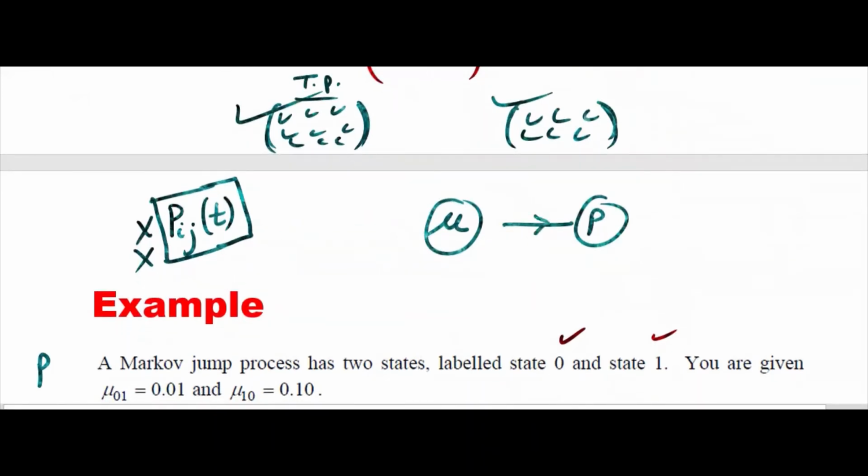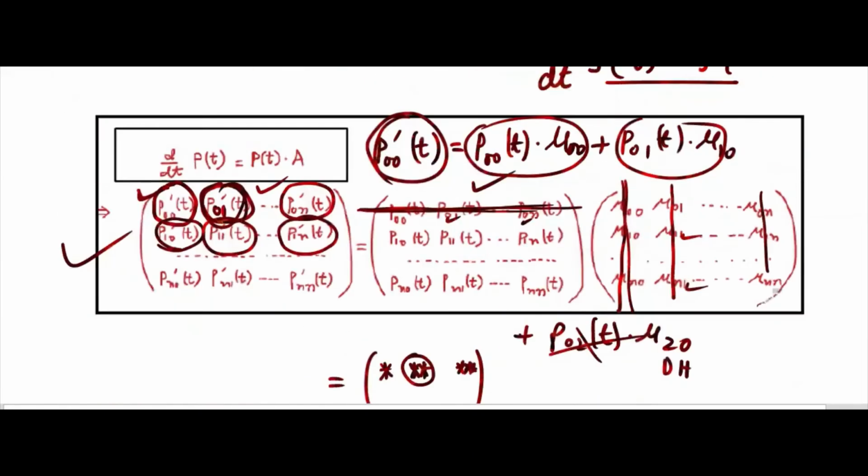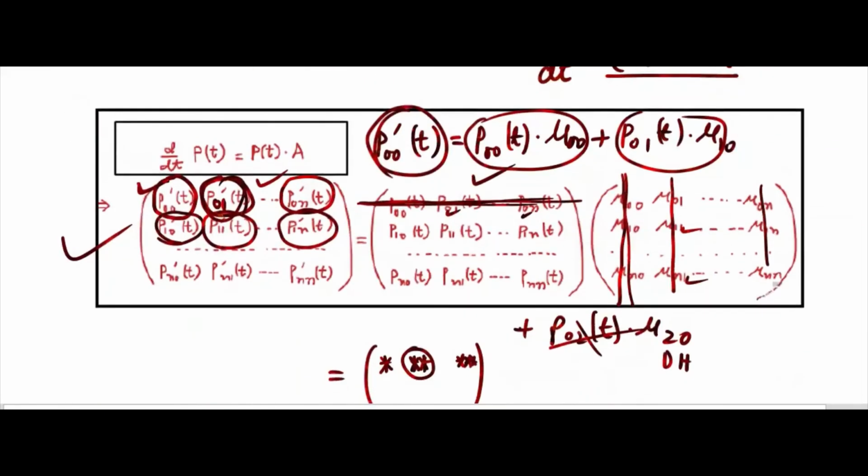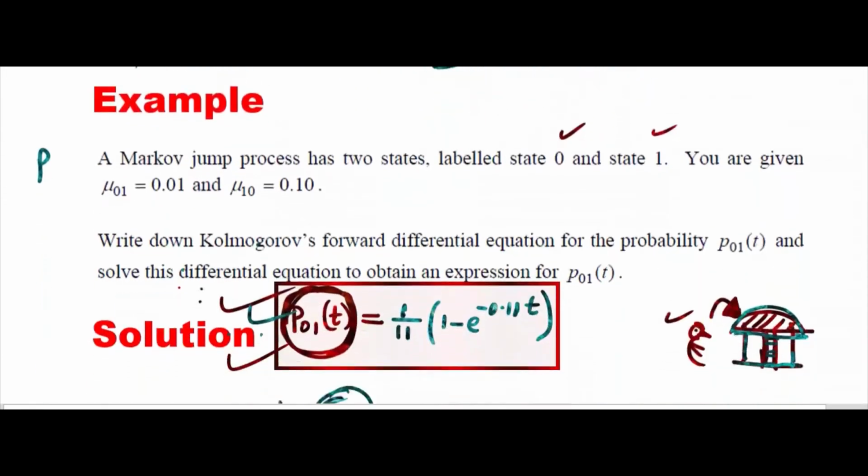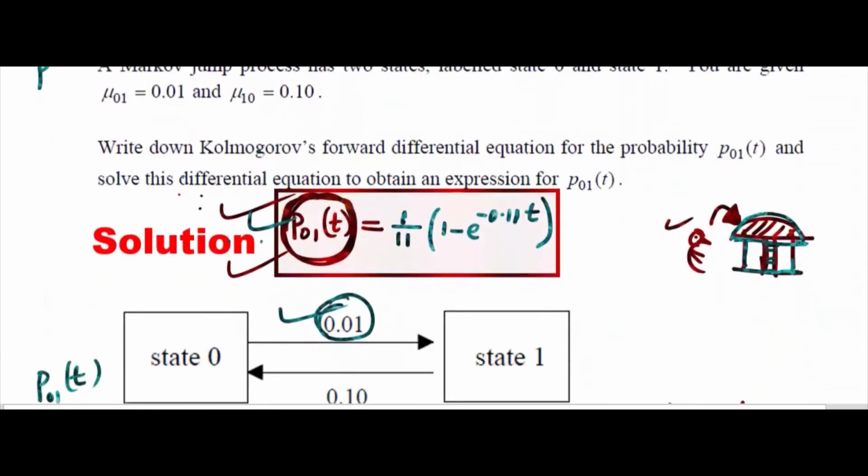If you want to get p from mu, we use Kolmogorov's differential equations, forward and backward, or integral equations, forward and backward. Four kinds of equations are there to get p's from mu's. Now let's form the differential equation first.